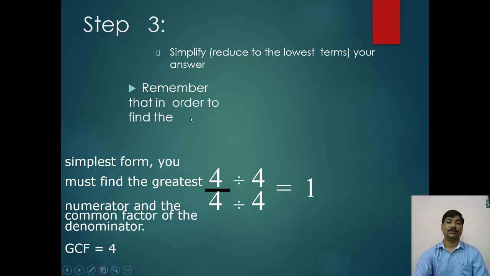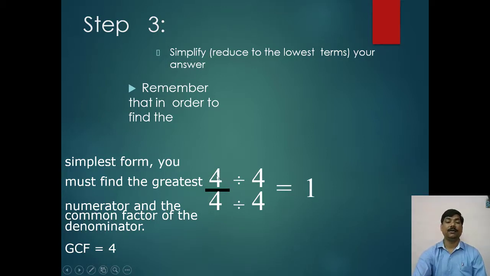Remember that in order to find the simplest form, you must find the greatest common factor of the numerator and the denominator. It means to simplify 4 upon 4, you have to find the HCF, or you can say GCF, highest common factor, of both numerator and denominator.